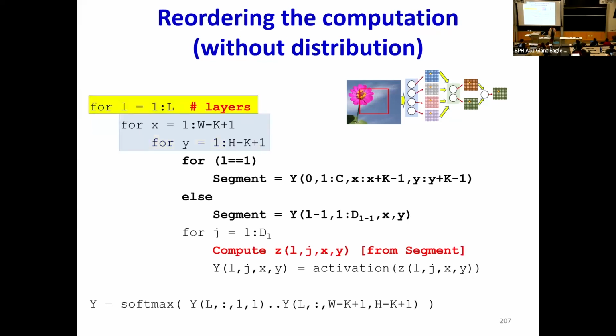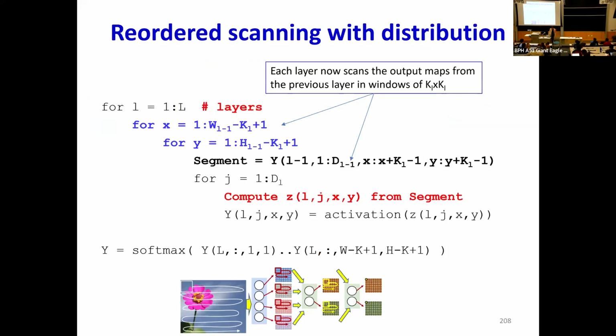That's what we reordered. Now, the code is simpler. At each position, I'm just picking out a window of values from the output of the previous layer neurons and then computing my affine term and applying activations.